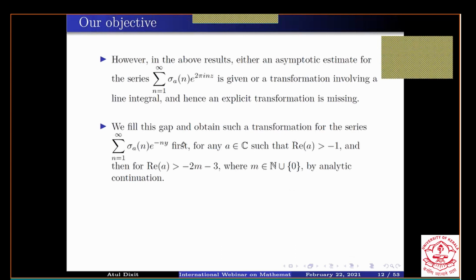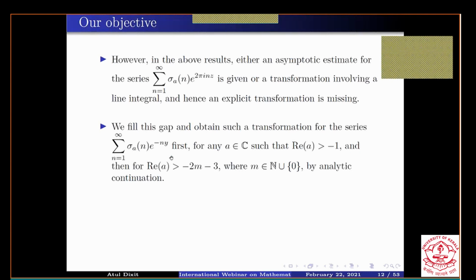So you see, we want a transformation wherein on one side you will have this particular series, and on the other side again you will have sigmas of a(n), but another function, and you will not have any contour integral left as it is, or that you need to estimate.